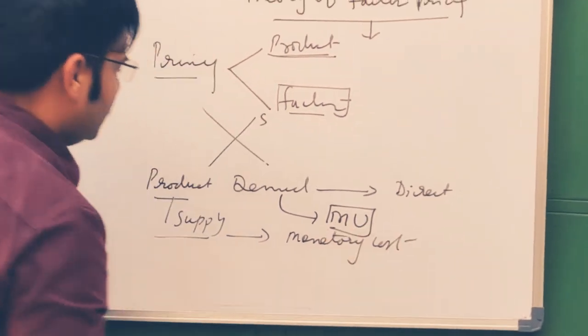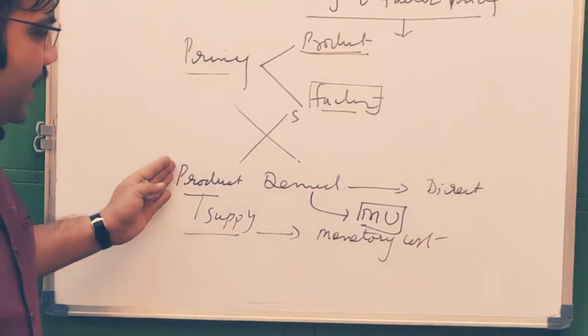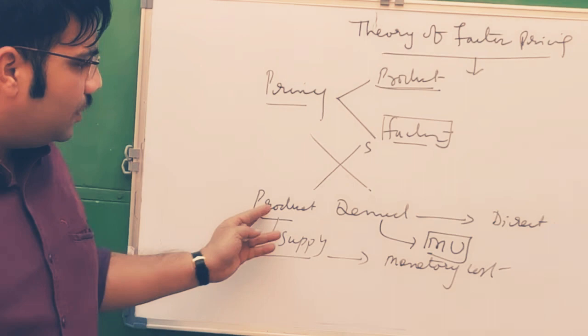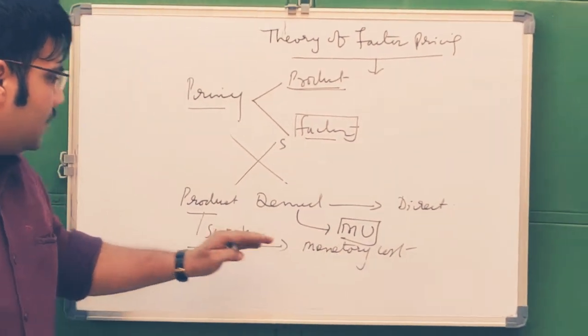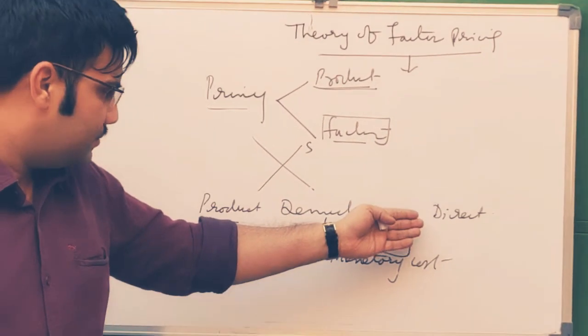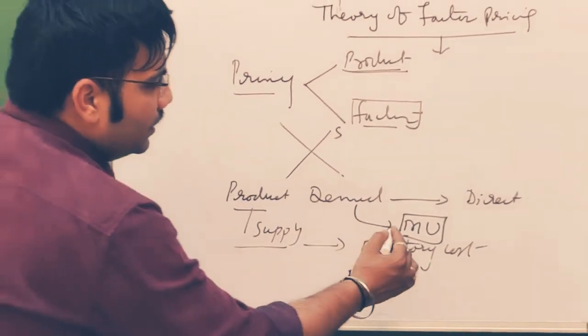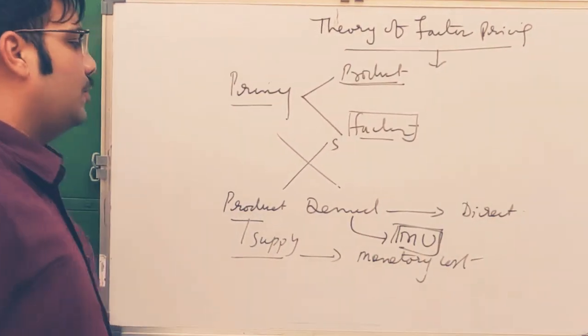So it is clear that the supply of the product depends on the monetary cost, and the direct demand depends on the marginal utility of the product.